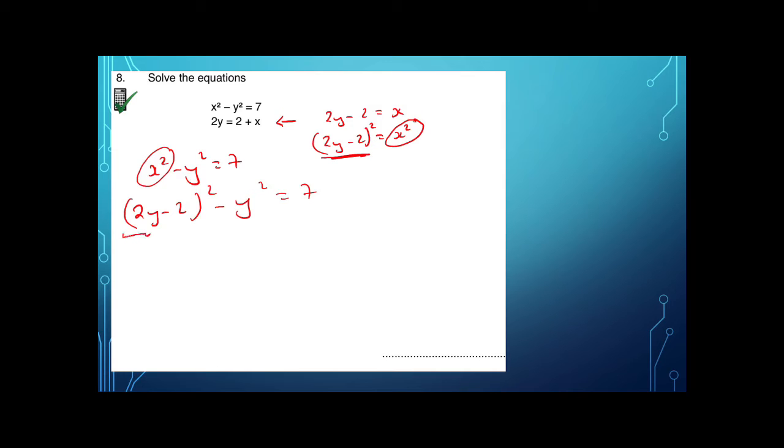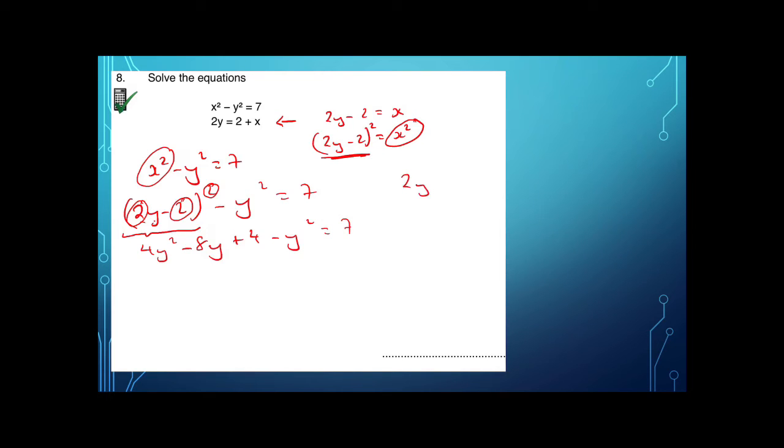Now I'm going to expand this bracket in the most simple way. You get 2y squared, which is 4y squared, minus 2 times 2 times 2y, which is 8y, plus 4, which is the negative 2 squared, minus y squared is equal to 7.